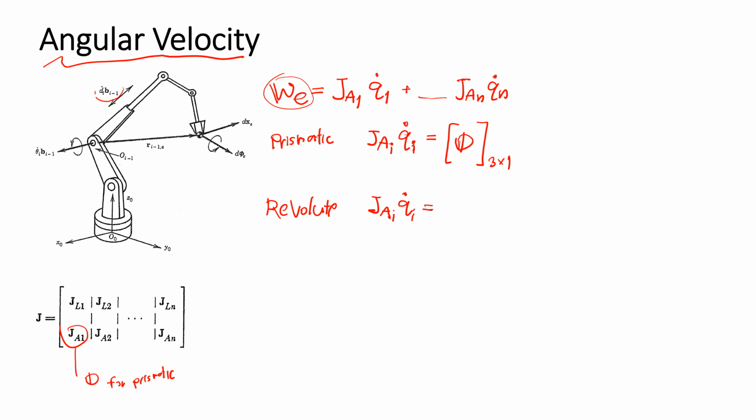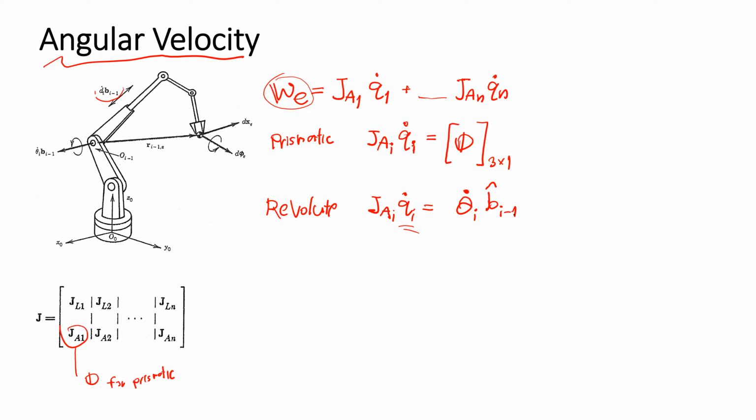We are not talking about the translation velocity. We're talking about the angular velocity. So it's straightforward to relate the individual joint velocity to the angular velocity at the endpoint. We have the magnitude of the revolute joint velocity and just multiply by the unit vector.